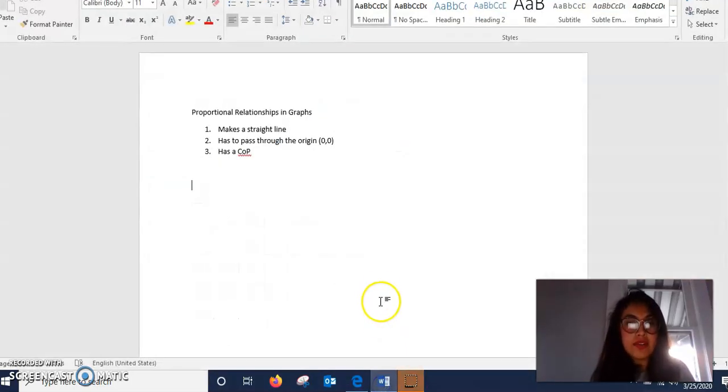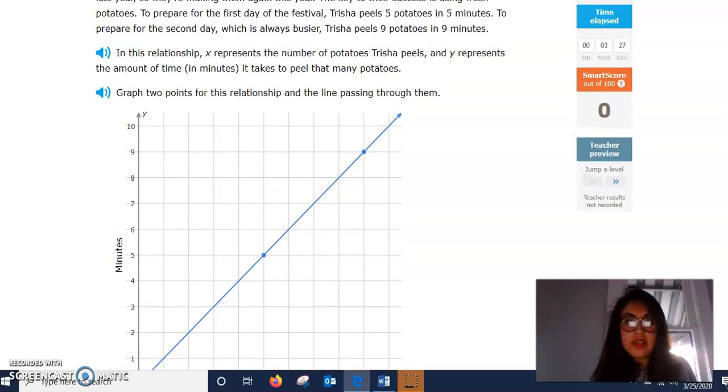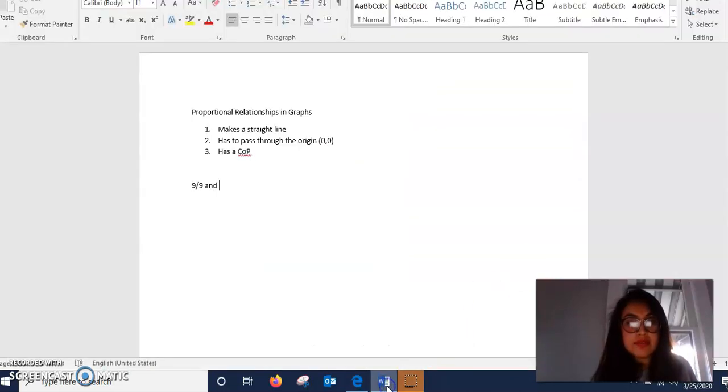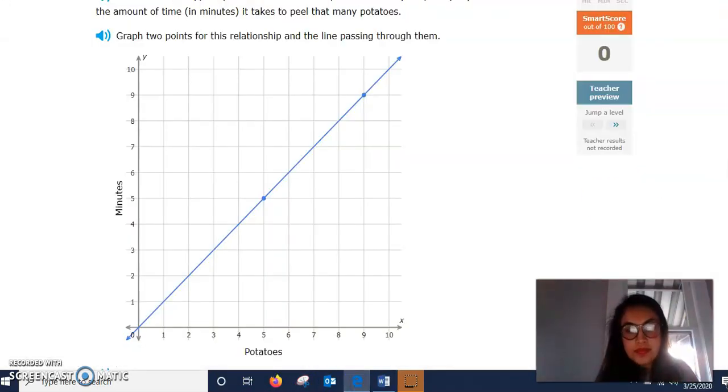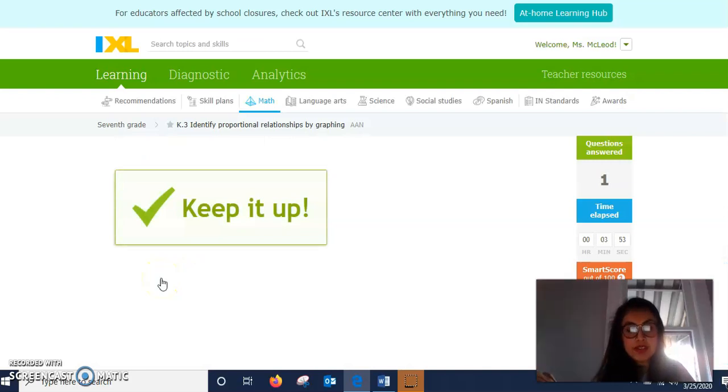So let's see if 9 over 9 and 5 over 5 are equivalent. 9 over 9 is 1, and 5 over 5 is 1. They are equivalent. They have the same rate, the rate of 1. So they do have a COP, or a constant of proportionality. So yes, it does form a proportional relationship. So when I hit yes, submit, perfect.